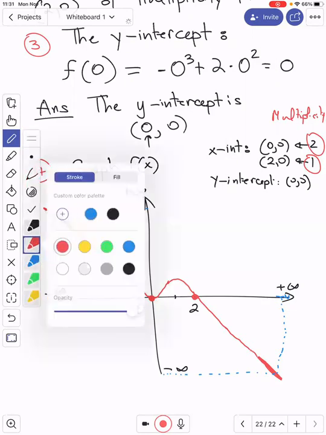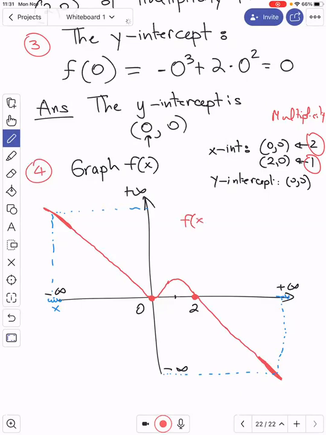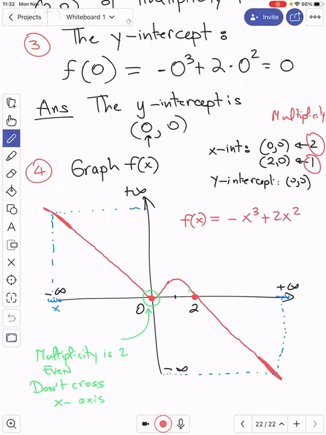So this is your f, minus x cubed plus 2x squared. Again, guys, just don't forget this point right here. The multiplicity is 2, which is even, so you don't cross the x-axis. And this one here, the multiplicity is 1.